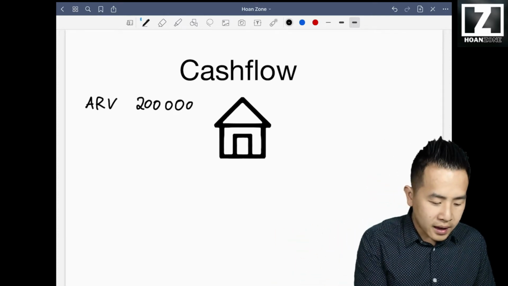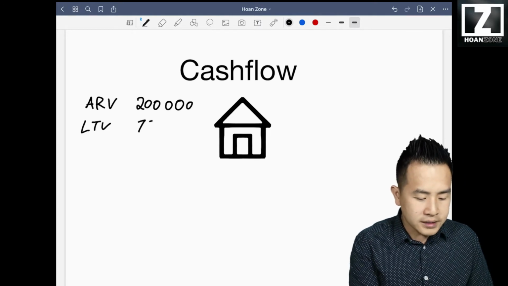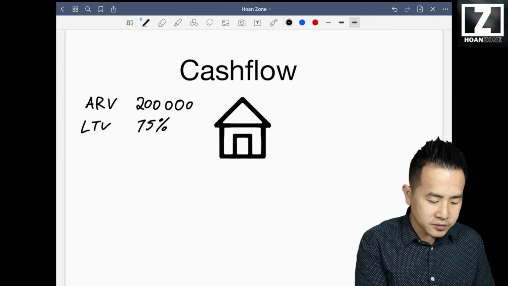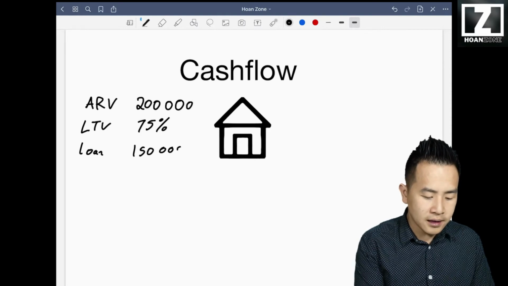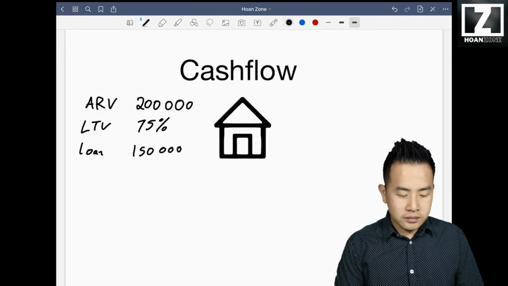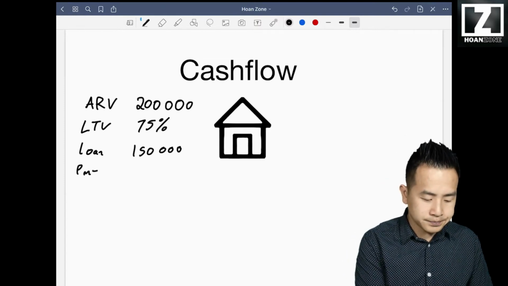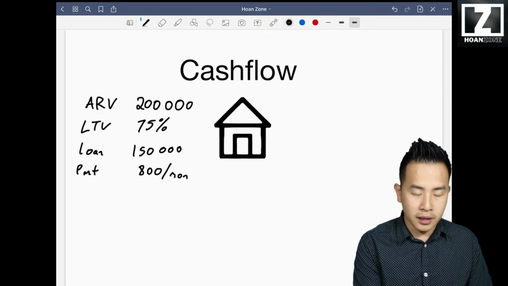When I go to the bank, they will typically give me a loan to value of 75%. 75% of the $200,000 means I am going to be getting a loan for $150,000. Based on the loan for $150,000, the monthly payment is going to be about $800 per month.